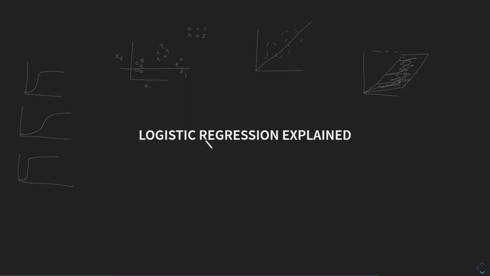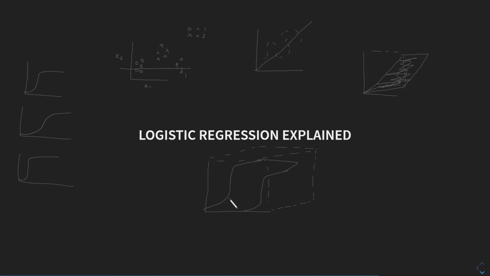Okay? So it's difficult to draw this in 3D, but imagine that rather than this plane right here, we have a sigmoid like this. So this is our box, right?